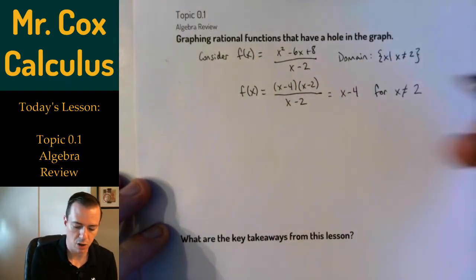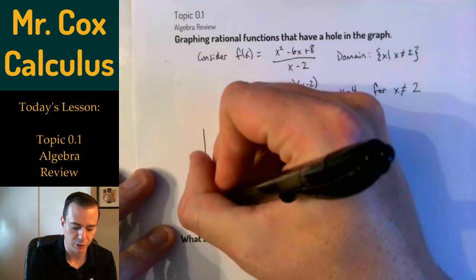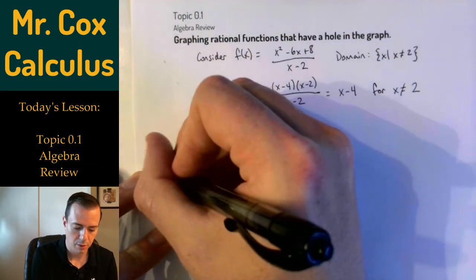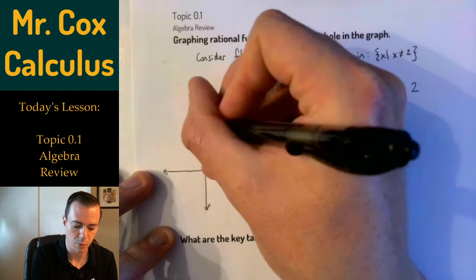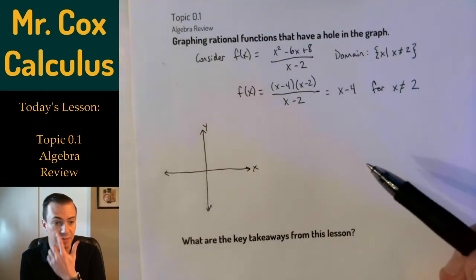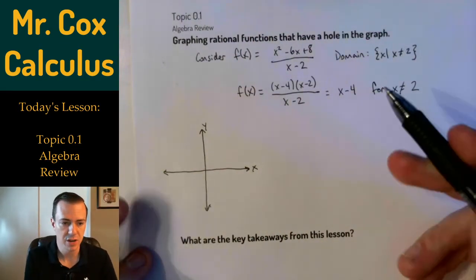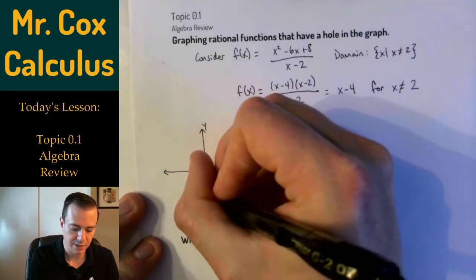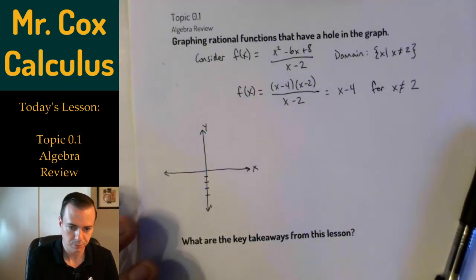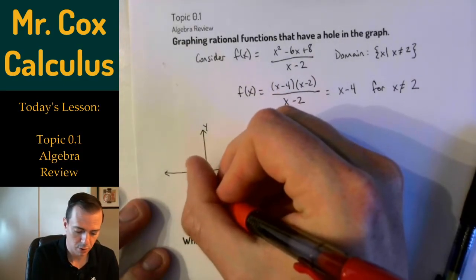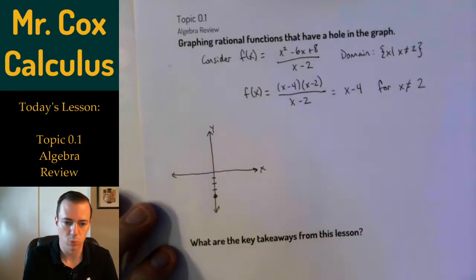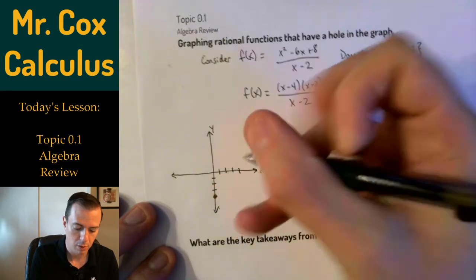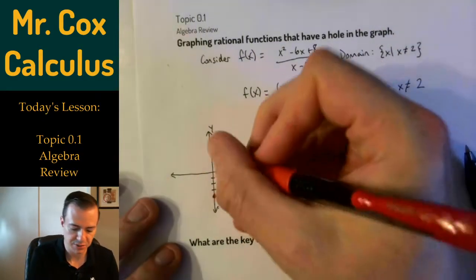So hopefully we can recall from algebra that whenever we graph functions like this, so here's my x and y axis, or x and f of x axis, I'm going to graph the linear function x minus 4, which we know has a y-intercept at negative 4. And it has a slope of 1, so I'll go up 1 over 1. I also know that it's going to have an x-intercept at 4.